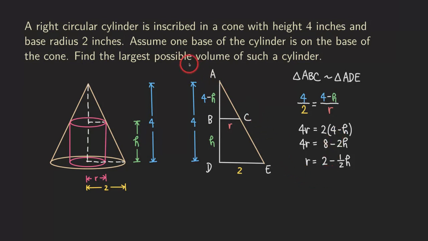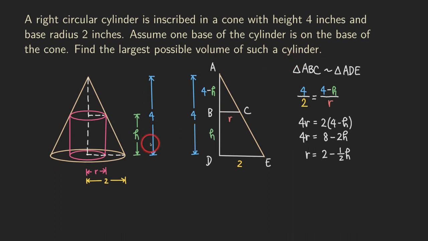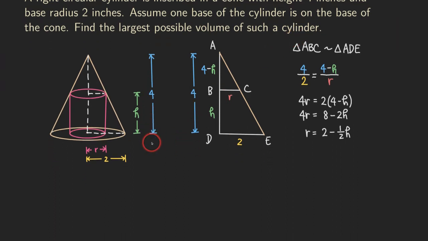Now, because we're finding the largest possible volume, that's really just saying that we want to maximize the volume. And if we are maximizing the volume of a cylinder, that means we need to work with the volume formula for a cylinder. In this case, it would be what?